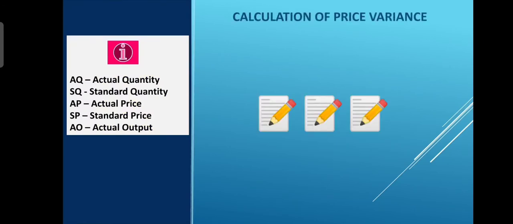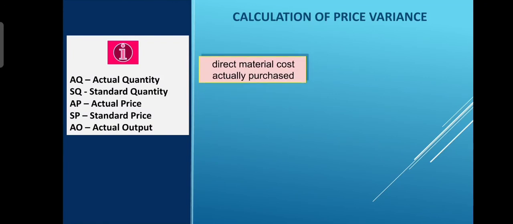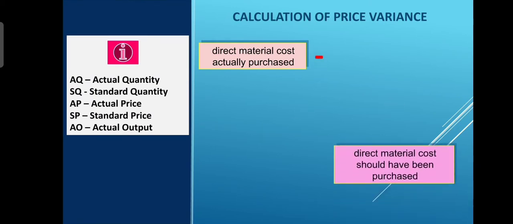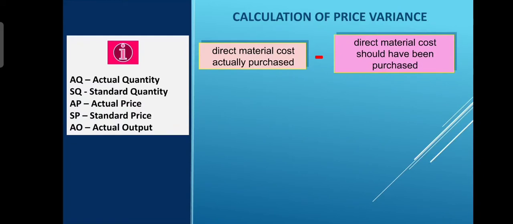Now, I want to show you how to calculate the price variance step by step. Like I said just now, price variance is the difference between direct material cost actually purchased and the direct material cost that should have been purchased.